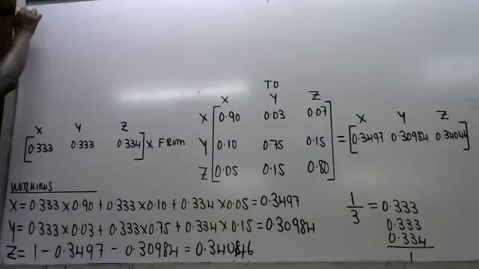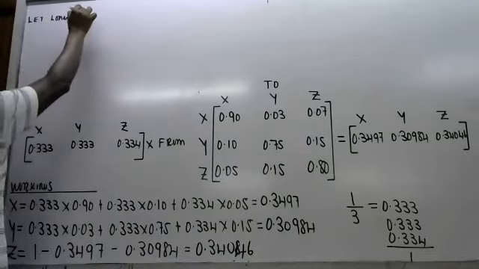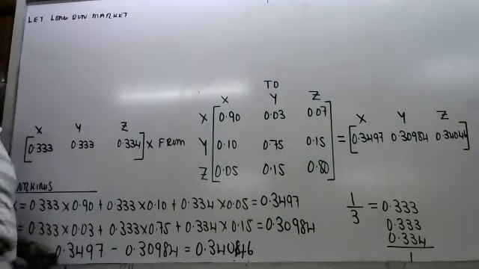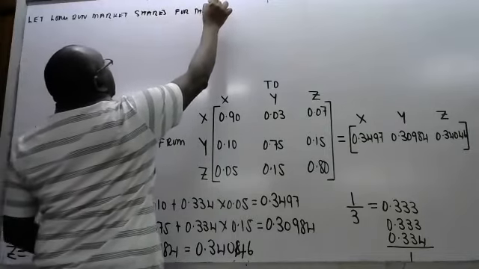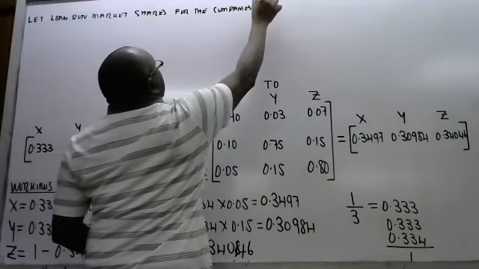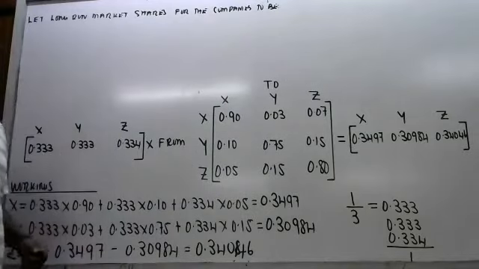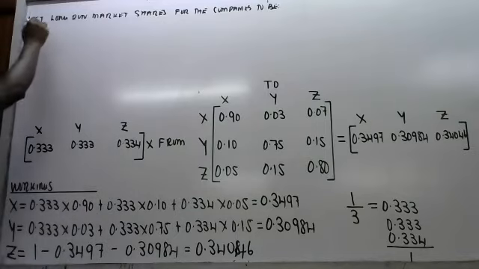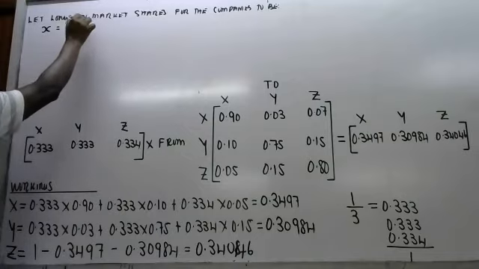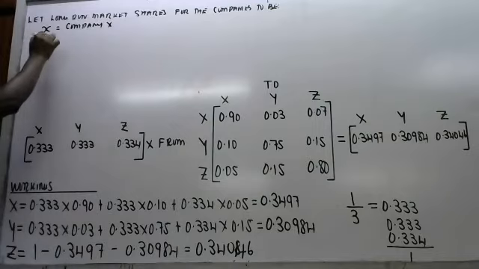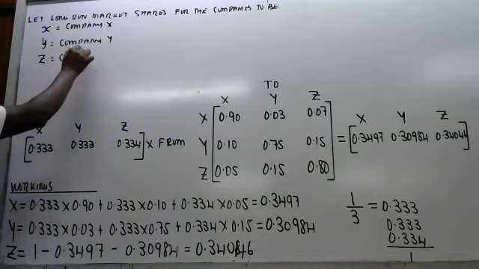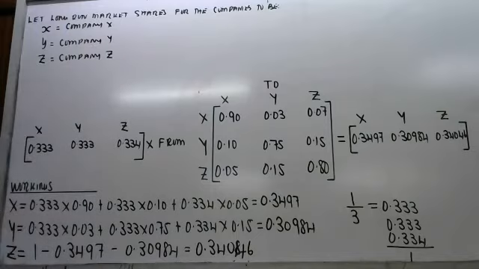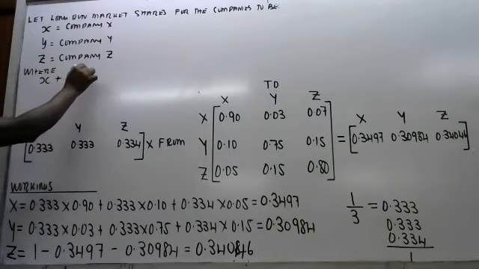So you begin by saying, let the long run market shares for the companies be X for company X, Y for company Y, and Z for company Z, where X plus Y plus Z is equal to 1.